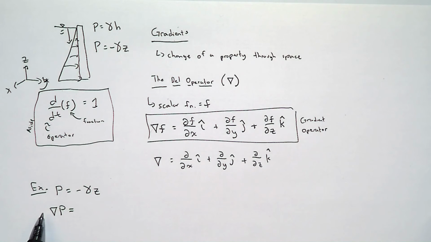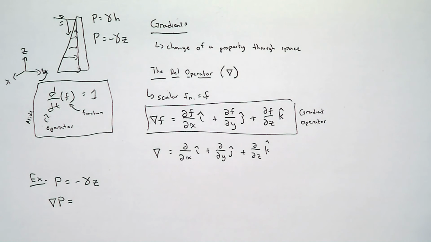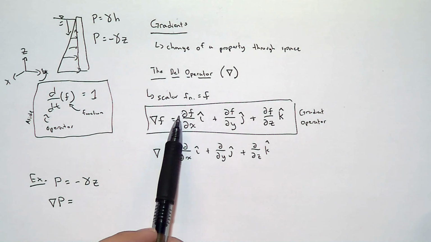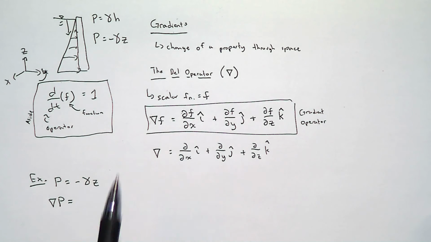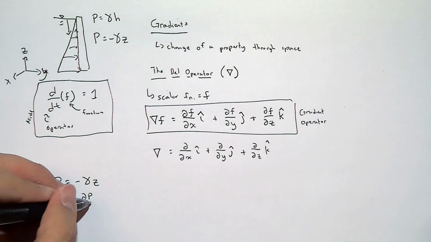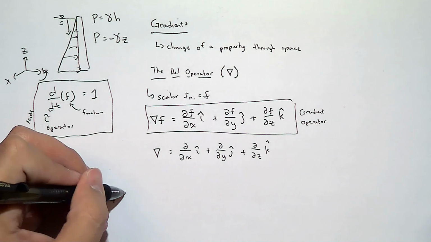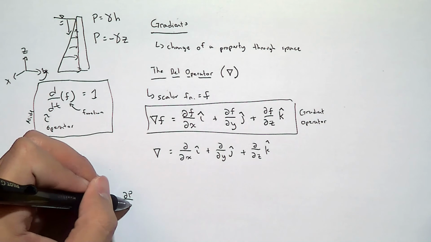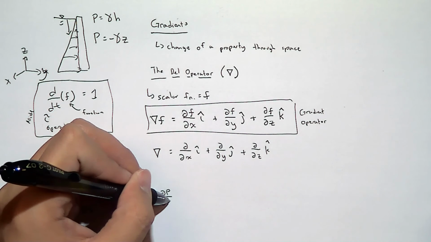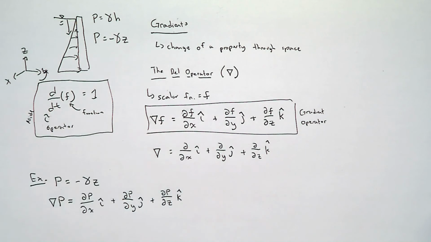We get that del P, the gradient of P, the change of P with respect to space, is equal to the partial derivative of pressure with respect to x in the x direction, plus the partial derivative with respect to y in the y direction, plus the partial derivative with respect to z in the z direction.